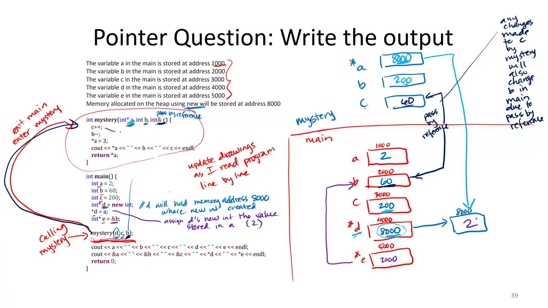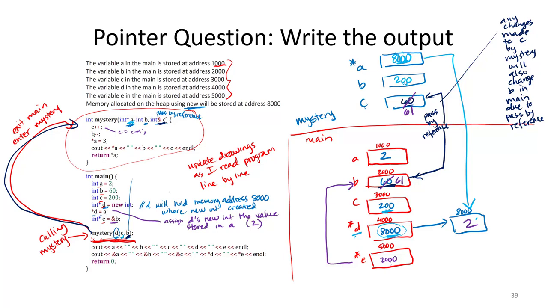That is the same as writing c equals c plus 1. So that means this variable c is going to be incremented to 61. But because it's passed by reference, variable b back in main is also going to be incremented to 61.